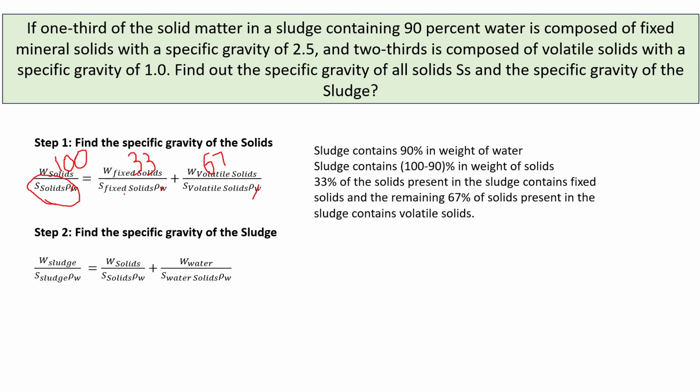Fixed solids will have a specific gravity of 2.5 and volatile solids will have specific gravity of 1. So now you solve this and tell me what will be the specific gravity of solids first of all. Then we will go to what will be the specific gravity of sludge. You solve and tell me what will be the answer. I will wait.